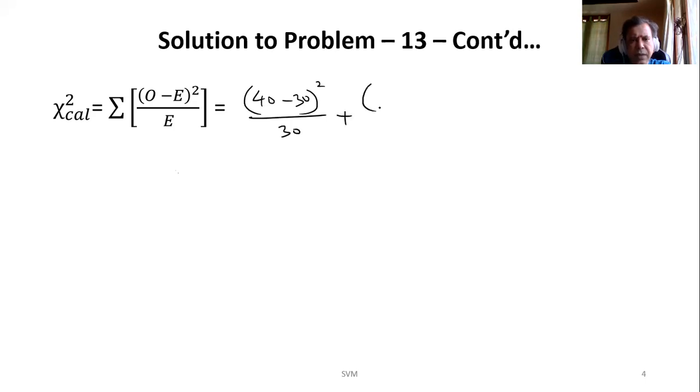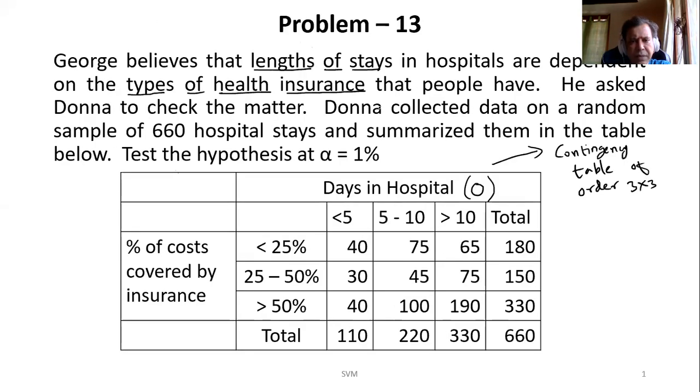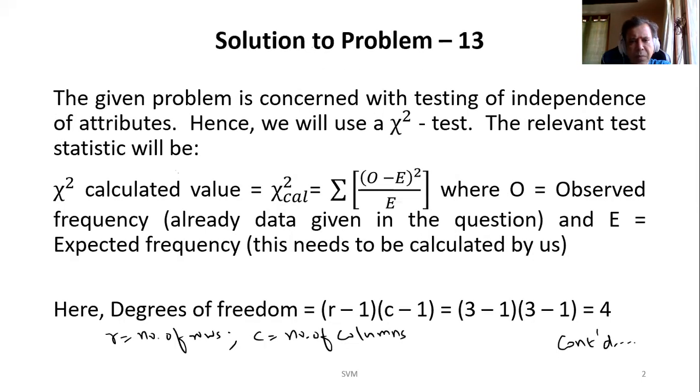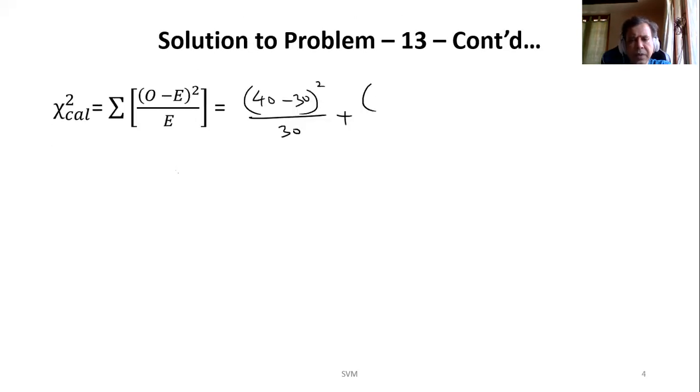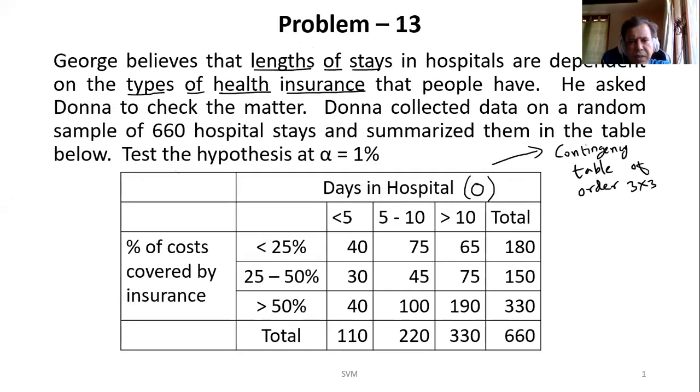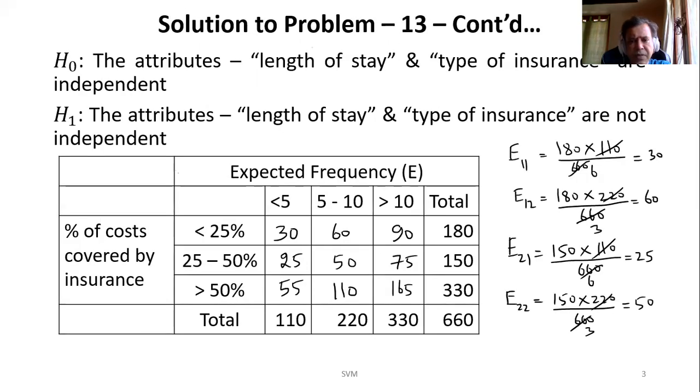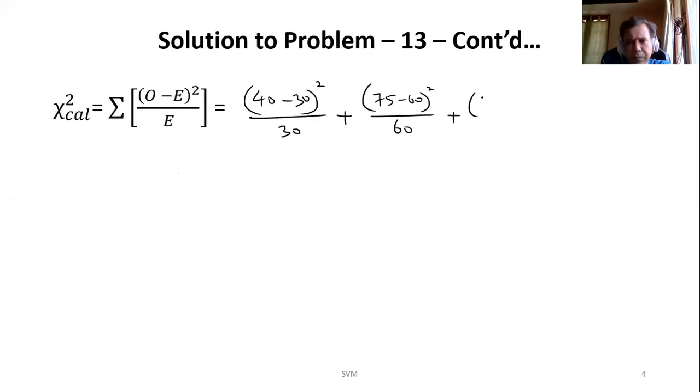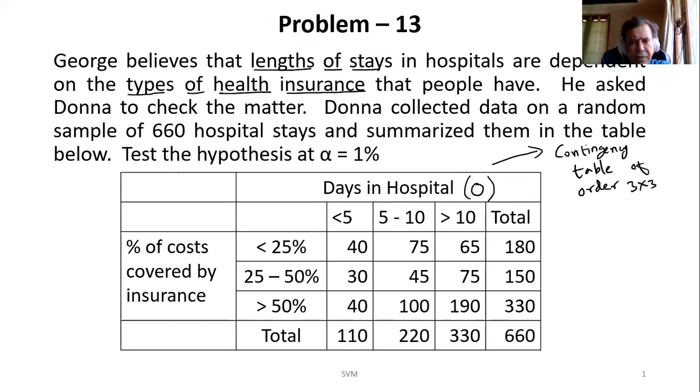Then next observed frequency is 75 minus 60, the square divided by the expected frequency, which is 60. And then the next observed frequency is 65. 65 minus 90, the square divided by 90, plus, what is the next?